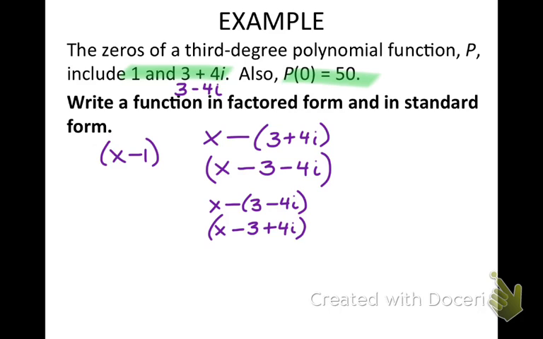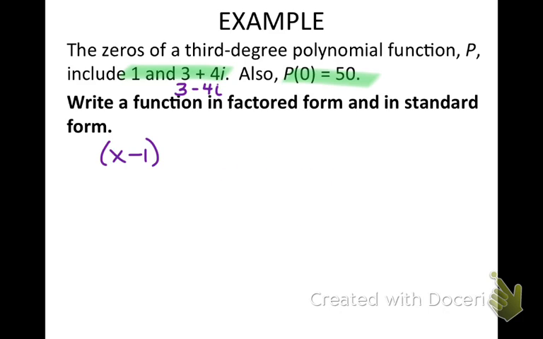So for your linear factors for the complex numbers, all you're going to do is put x minus, and then write what it is: 3 plus 4i. Now we got to get the conjugate: x minus 3 minus 4i.